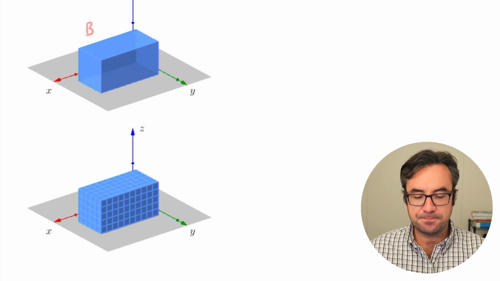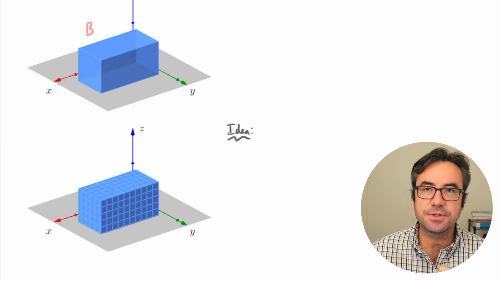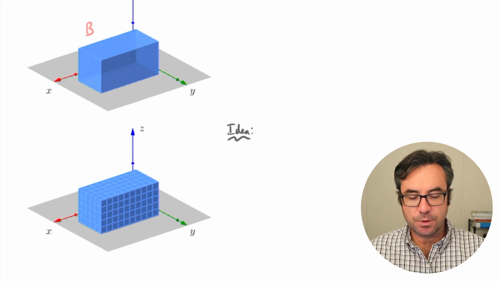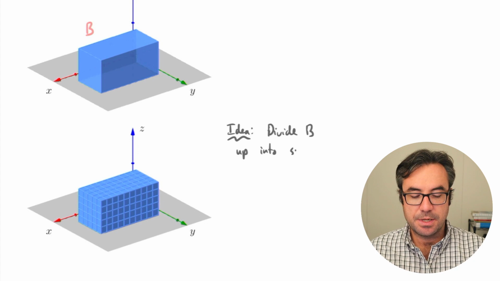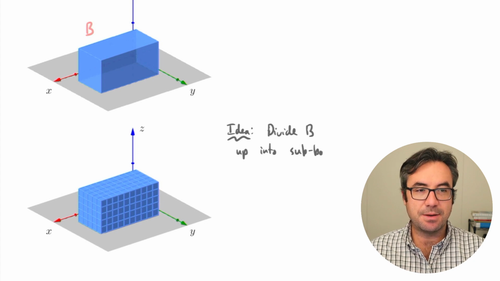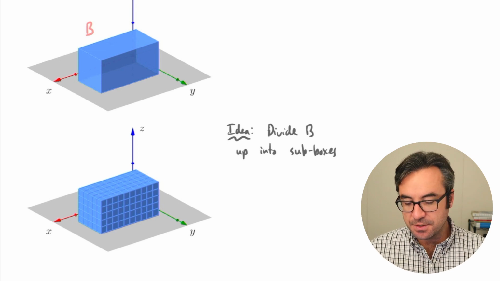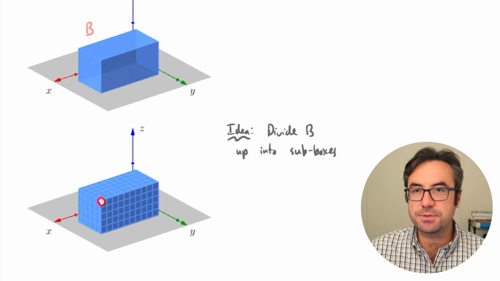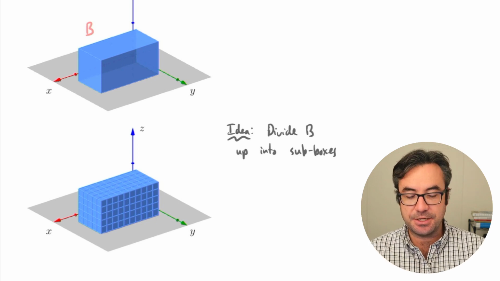So the idea here, to answer this mass problem, is we're going to divide this up into a whole bunch of little sub-boxes. And then these little sub-boxes are going to be so small that we can assume that the density is constant on each of those.